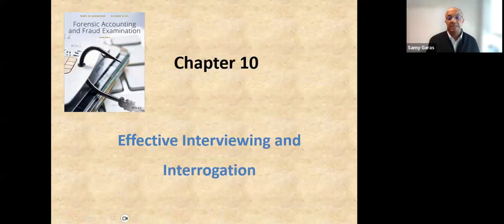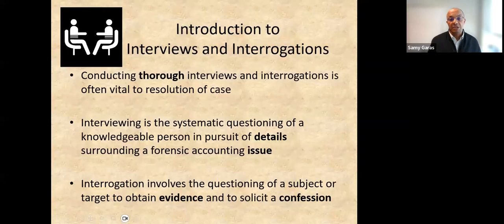As I said, there is a difference between interviewing and interrogation. And by the way, conducting a thorough interview and interrogation is very essential to resolve the matter. And before I dive into this material, remember, interviewing and interrogation don't reach a resolution in every case.